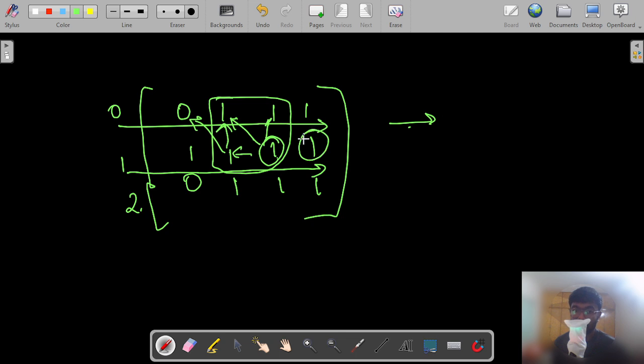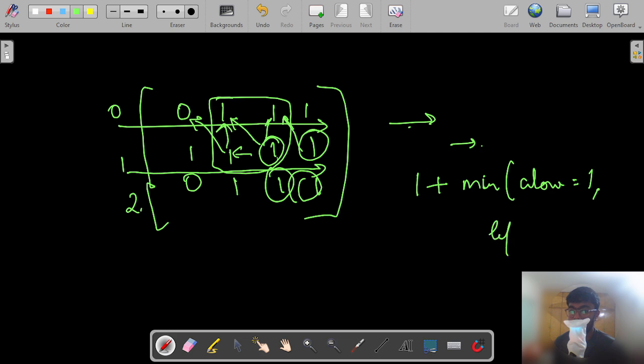Similarly, for this element also we can form a 2 cross 2 matrix. So this would give us 4 2 cross 2 matrices. For us to compute that part, we can have a simple formula. We can write 1 plus the minimum of above, left, and diagonal, that is the top left diagonal, if they are 1.